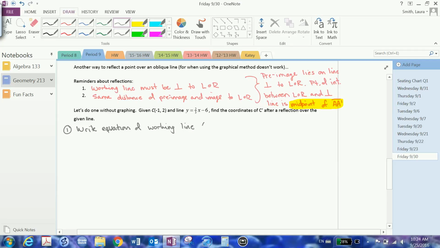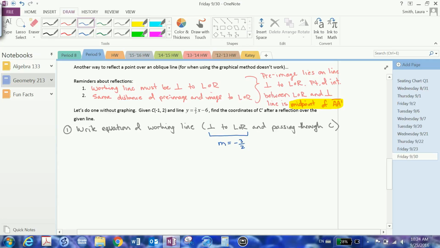Remember that the working line is perpendicular to the line of reflection and passing through the pre-image, in this case, C. Okay, so if it's perpendicular to the line of reflection, that right there is going to tell me that my slope should be opposite reciprocal, should be -3/2.